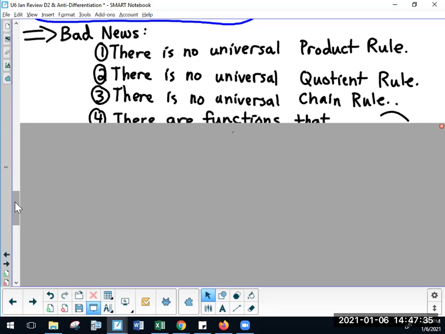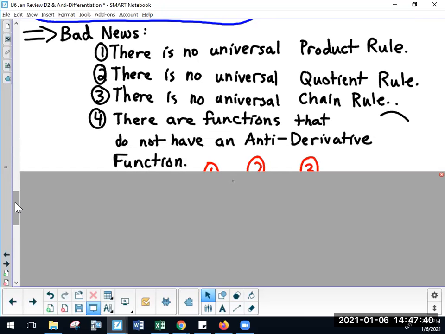And here's the one that may make some of you sad. I'm rather indifferent to it because I'm okay with this in my life. You may not be. Friends, neighbors, countrymen, lend me your ears. There are functions that do not have an antiderivative function. There are functions that exist for which you can never, ever, ever, not using any technique, not using guess and check, not using anything, find an antiderivative.